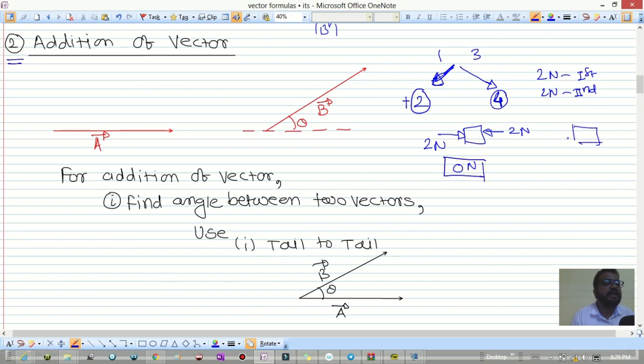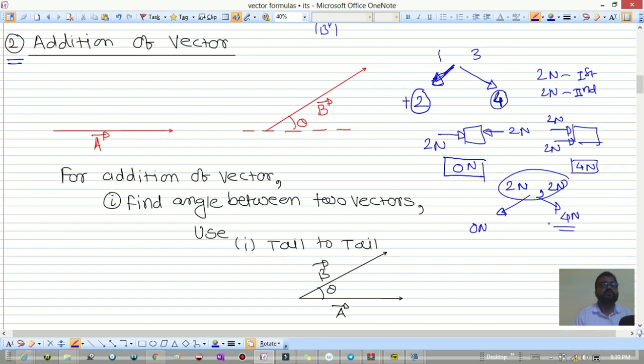But if I apply 2 Newton of force in the same direction, then I will have 4 Newton of resultant. We can conclude that whenever we add 2 Newton and 2 Newton, the resultant might be equal to 0 Newton and might be equal to 4 Newton.